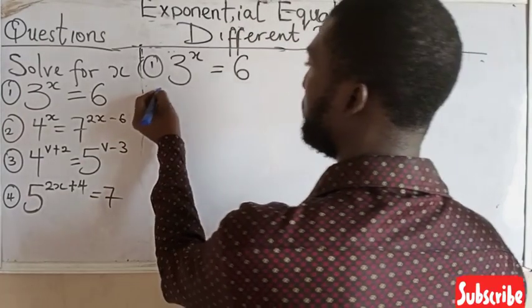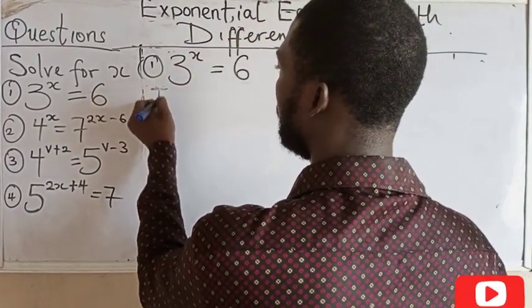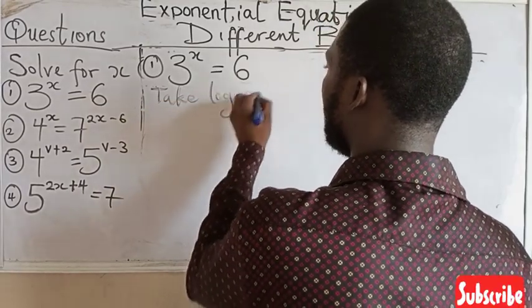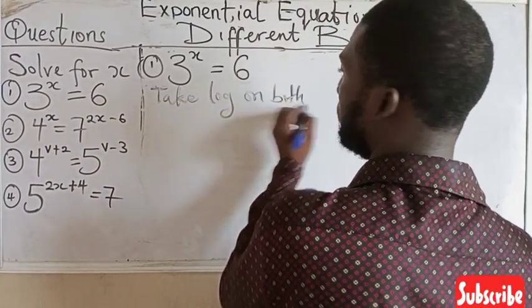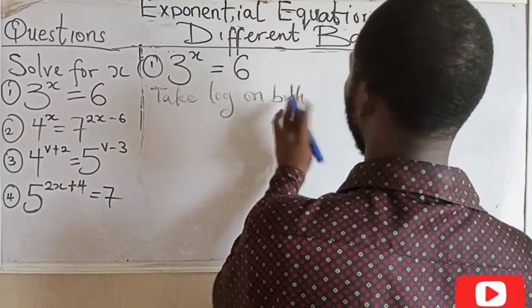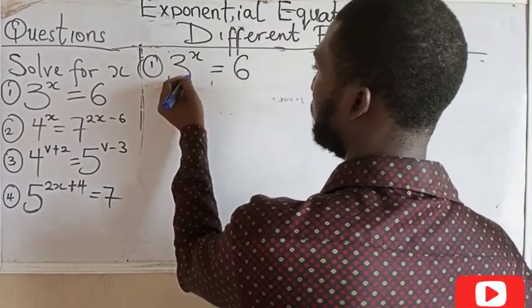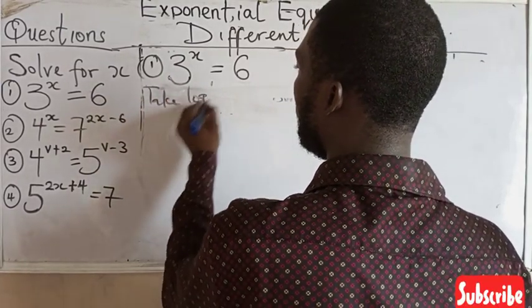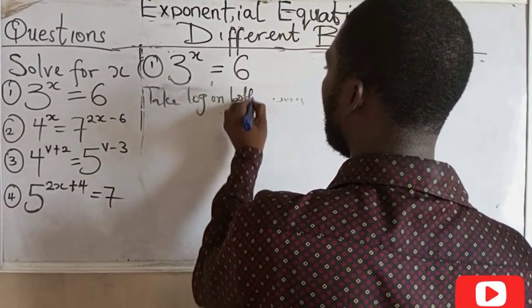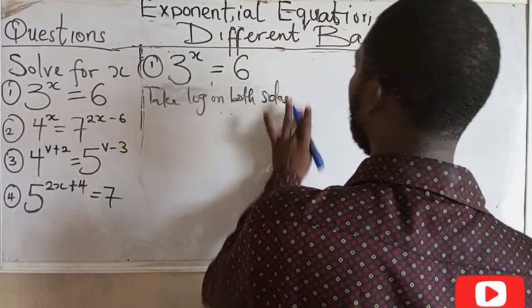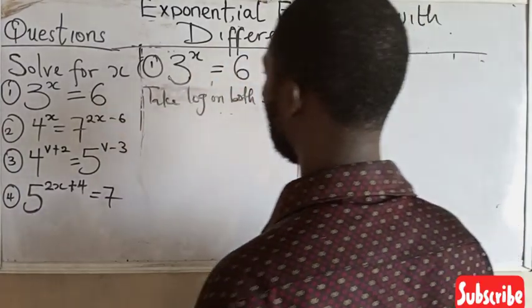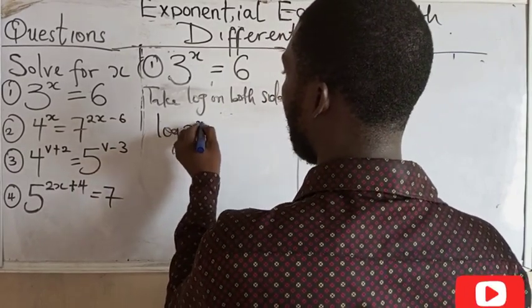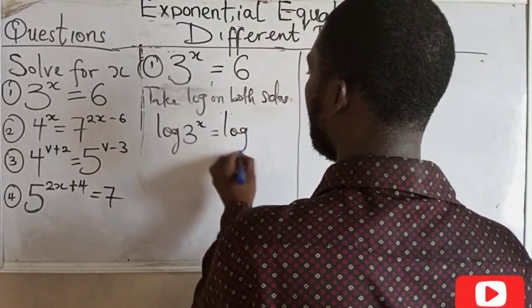So let's take log on both sides. From here we have log 3 raised to power x equals log 6.